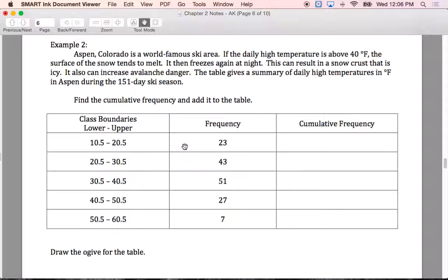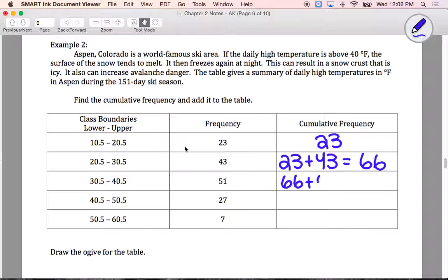So the cumulative frequency is the sum of the frequencies. So for the first row, it's just 23. For the second, though, we take 23 plus 43. So we add the numbers together. For my third one, I take that total, and we're going to add 51 to it. For the fourth row, I take my total, and we add 27.